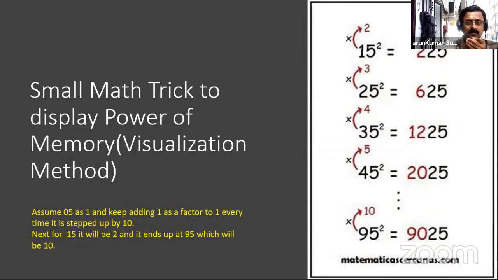So 15 square: you can remember it is 1 into 2, and 5 square is 25, so it is 225. Similarly, for 95 square, you can remember 9 into 10, and 5 square is 25. So this is how we have to develop a technique to remember the numbers and text that we read.